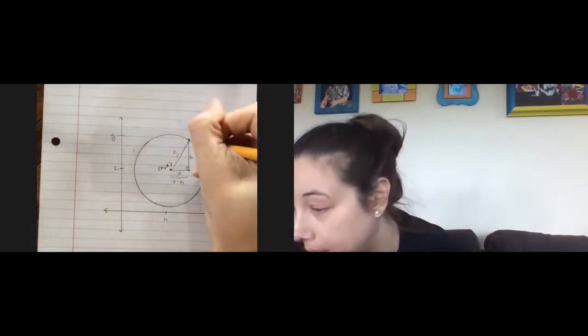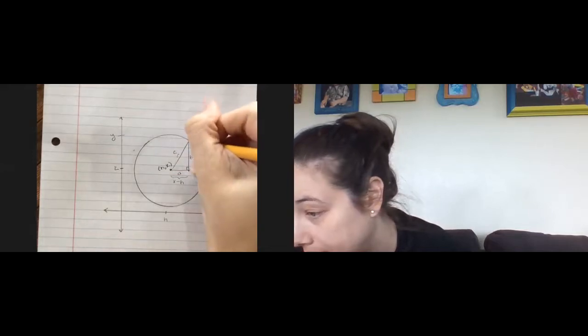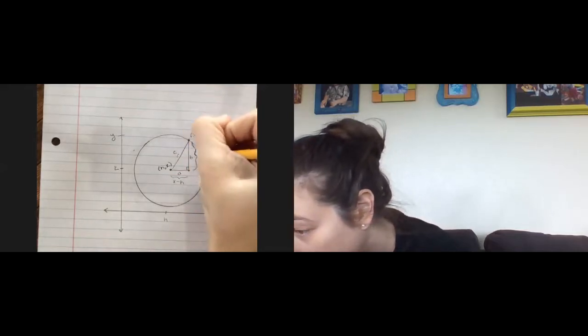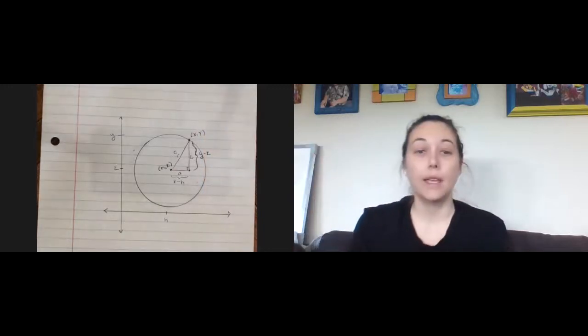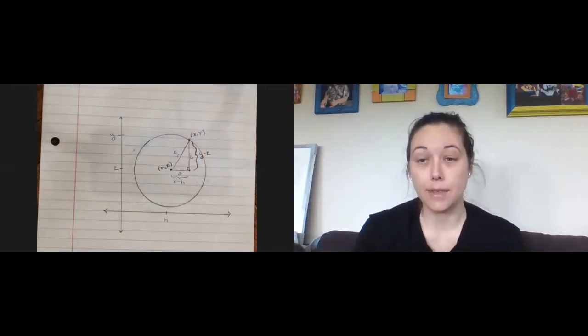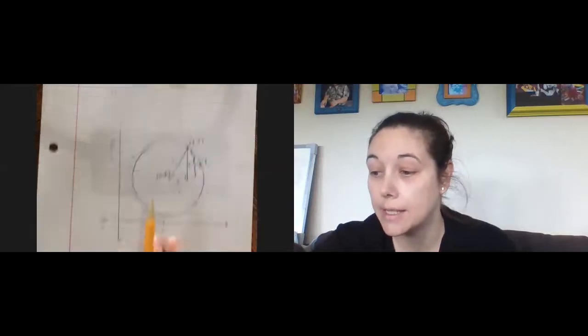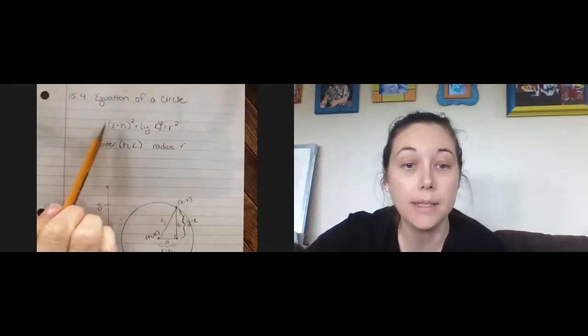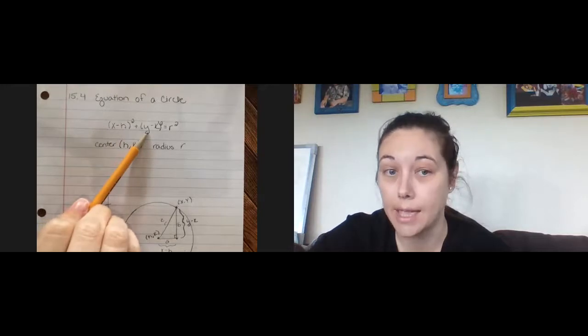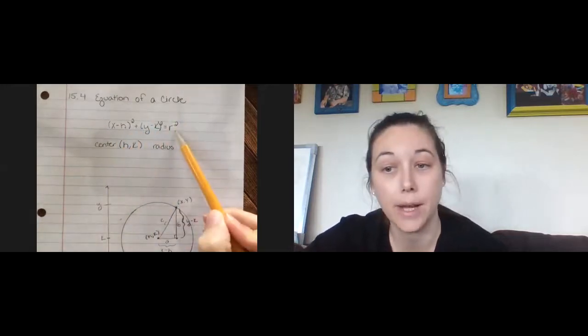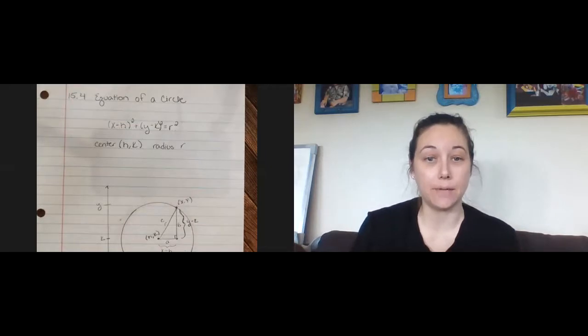That's what gives us this part. That's how we get those pieces for the equation of our circle. A squared, x minus h, plus b squared, y minus k, equals c squared, r squared. That's how we get the equation of a circle.